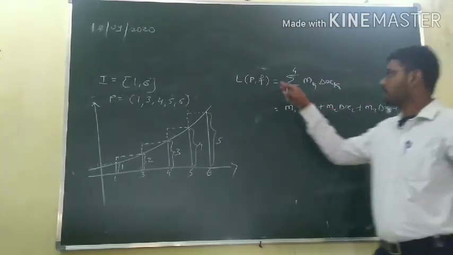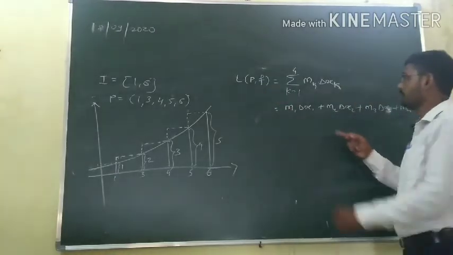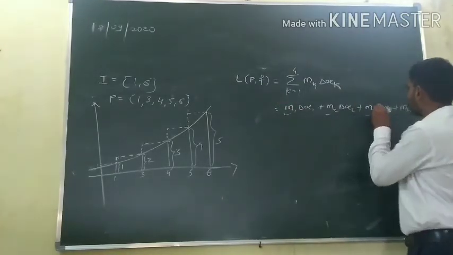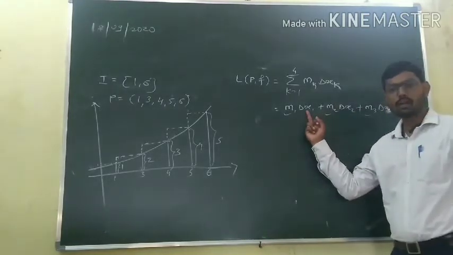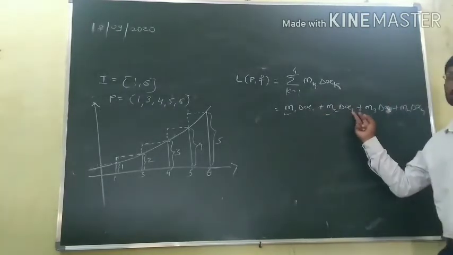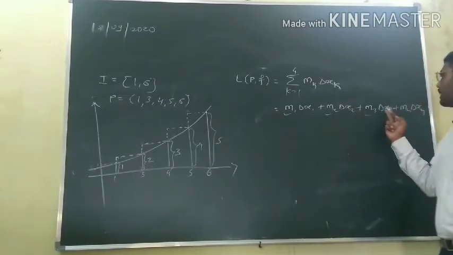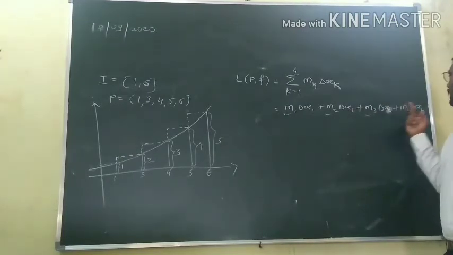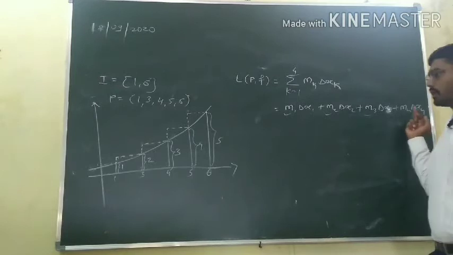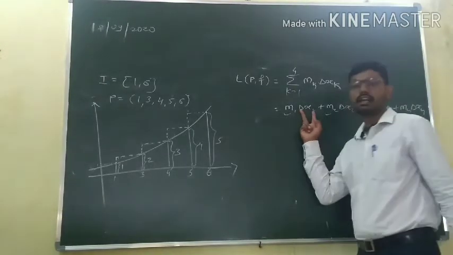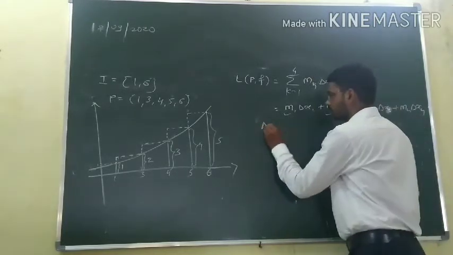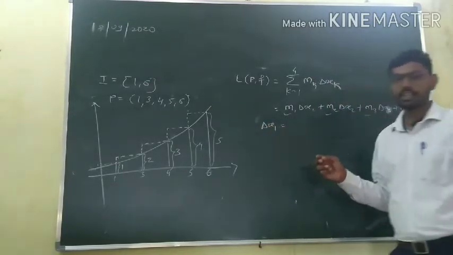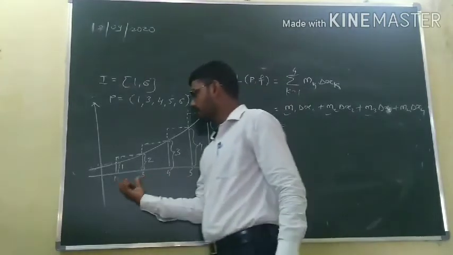So to find the lower sum, you have to find m1, m2, m3 and m4. Similarly, the length of the first subinterval, delta x1, the length of the second subinterval, delta x2, the length of the third subinterval, and the length of the last subinterval. Okay. So what is delta x1? That is the length of the first segment. The first segment is from 1 to 3.